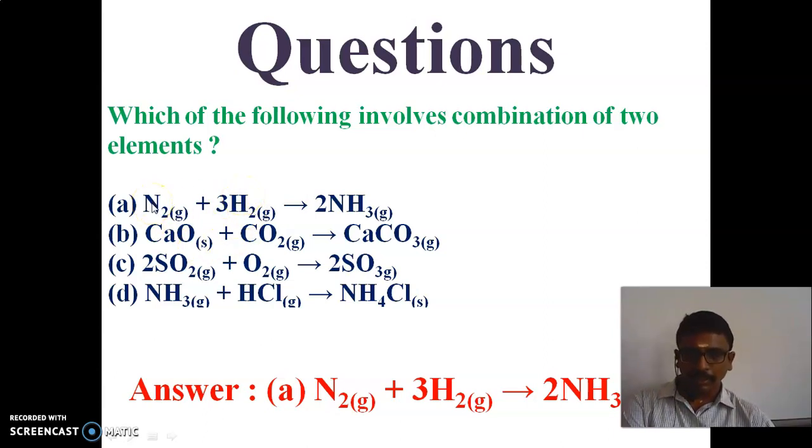So the nitrogen and hydrogens are elements, rest of them are compounds. Here you can see calcium oxide is a compound, carbon dioxide is also a compound, sulfur dioxide is also a compound, ammonia is also a compound, HCl is also a compound. So the elements here are nitrogen and hydrogen. So the answer it will be A.